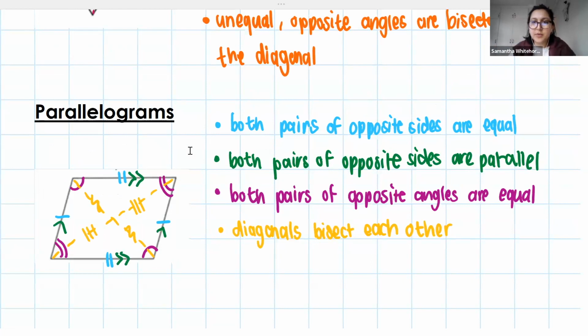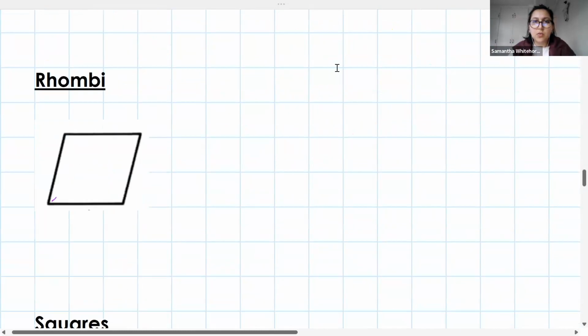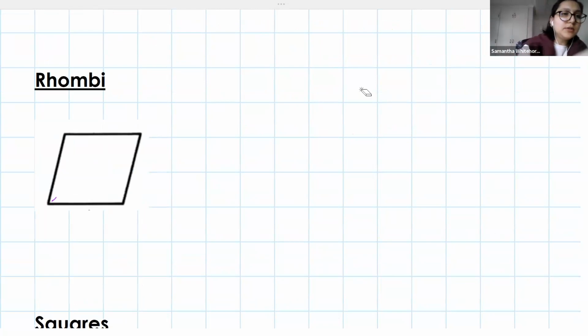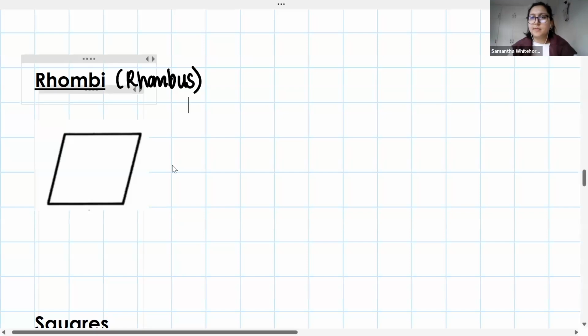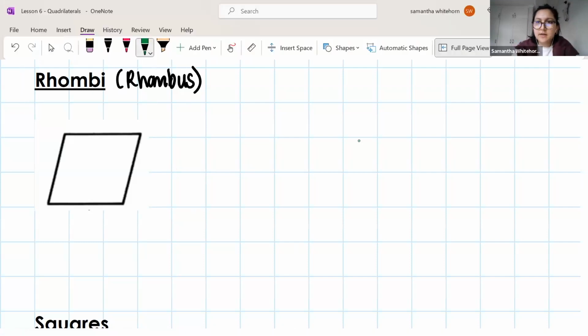All right, so the next shape we're going to have a look at is a rhombus. So start thinking of your rhombus or rhombi characteristics. So rhombi is the plural, rhombus is singular. All sides are equal.